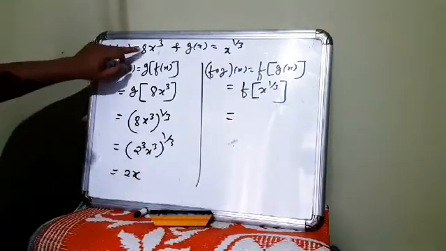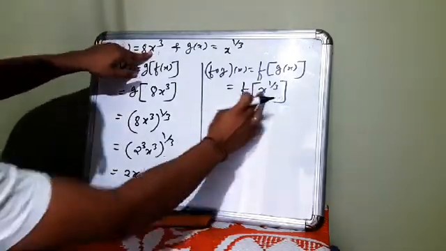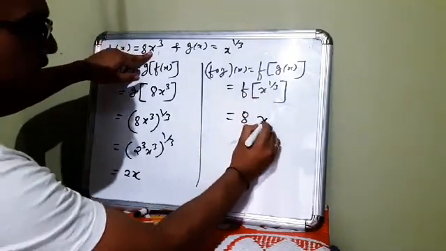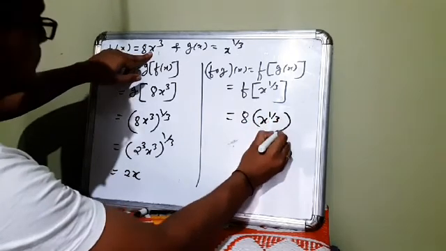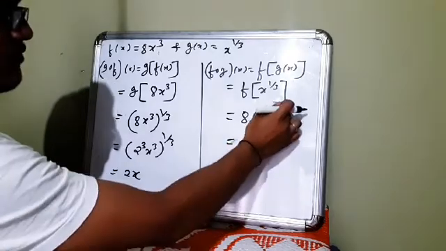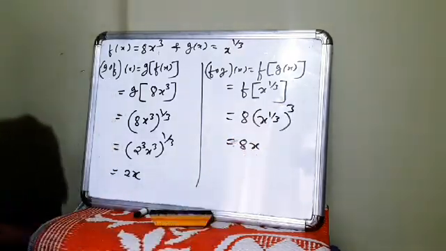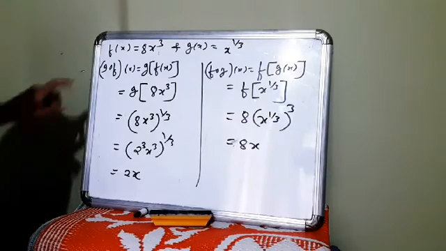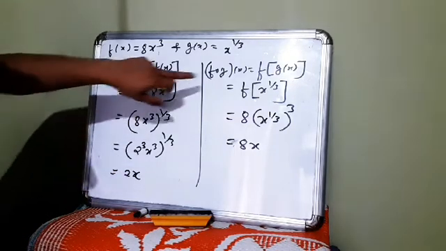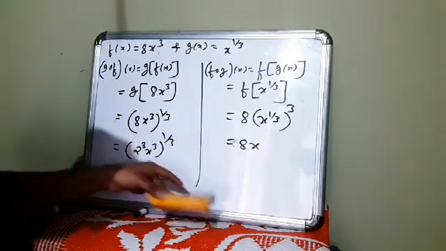So 8 as it is, and in the place of x, x to the power 1 by 3, and this power as it is. Now here 8 as it is, when you multiply these powers, 3 gets cancelled, left with x. The answer is 8x. So g composition f is 2x, whereas f composition g is 8x. Okay, this is one example.